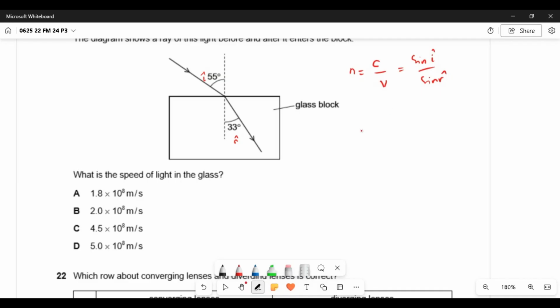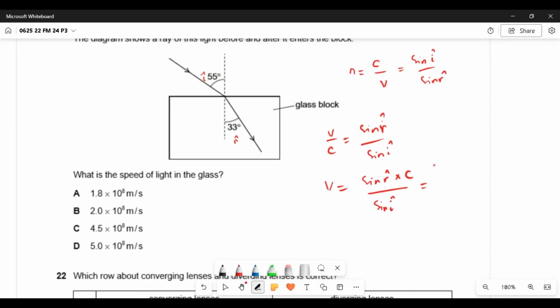So if I combine these two, I can say that v over c is sine r over sine i. If I move the c here, v is equal to sine r times the speed of light in vacuum over sine i.